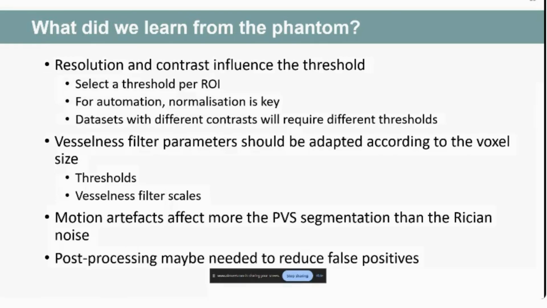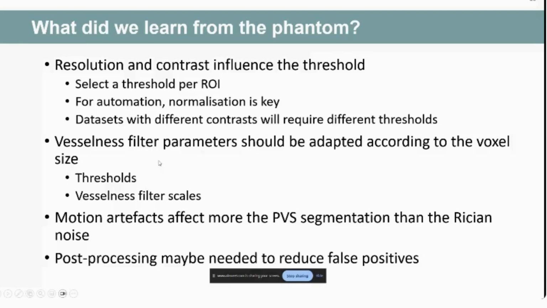But what we learn from the phantom is that we can evaluate the morphology of perivascular spaces. And because of the parameters of the filters we analyzed, we saw that there's a big influence of the resolution and the contrast in order to select a threshold. So for automation, we know normalization will be key.